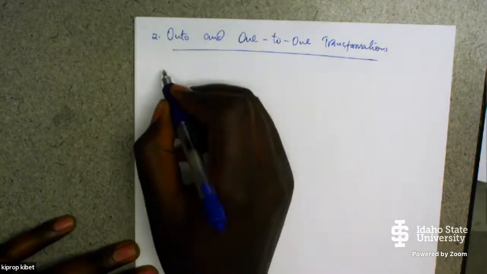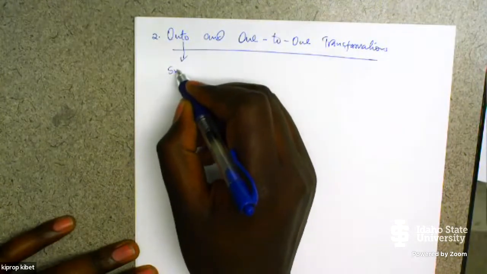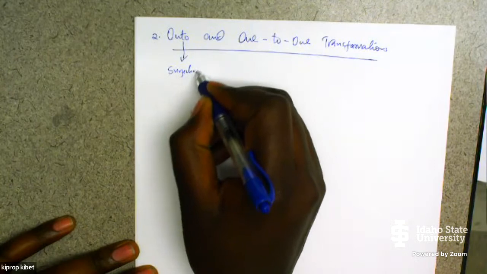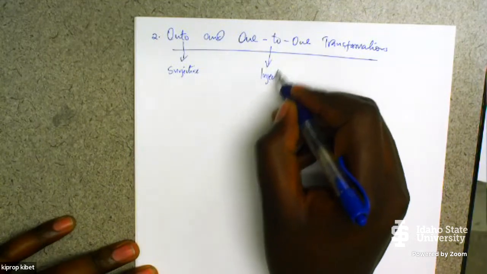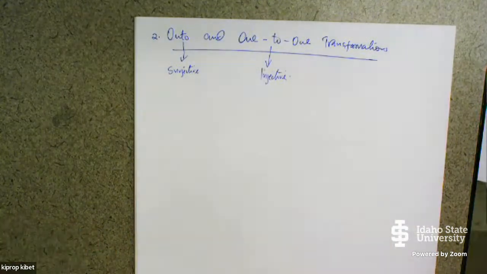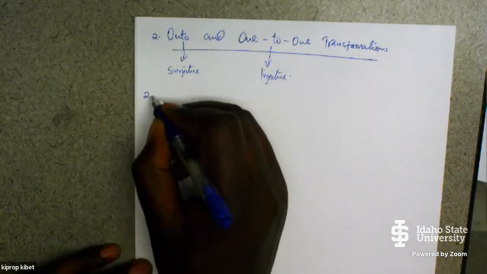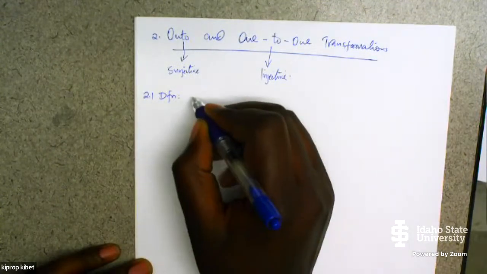Okay, let's start. Onto, most of the time most people use the term surjective, and this one is injective. So let's start from the first one, which is onto, or the surjective.